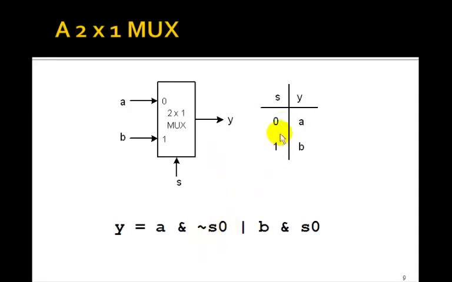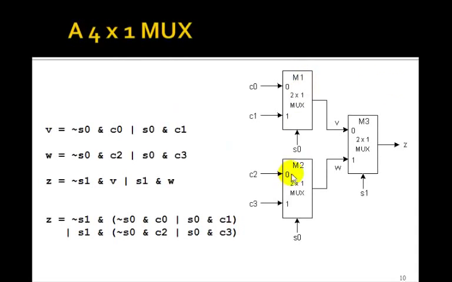So not S0 ANDed with A, whatever it comes in. If A is 0, this will be 0. If A is 1, then Y will be 1. So not S0 and A, or B and S0. So you can just see it from that truth table.